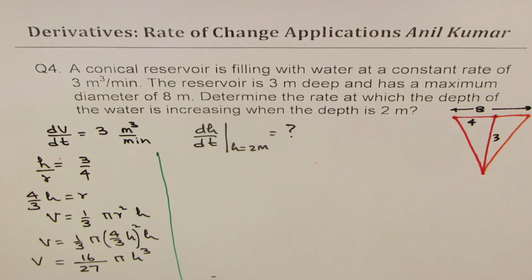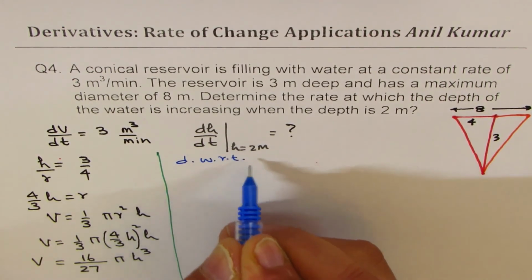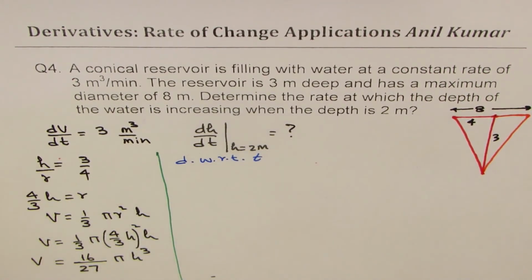So at this stage, we have got the volume, correct? So take this exercise as kind of a summary of all we have learned so far. Once you have this formula, then you could differentiate with respect to time on both sides.